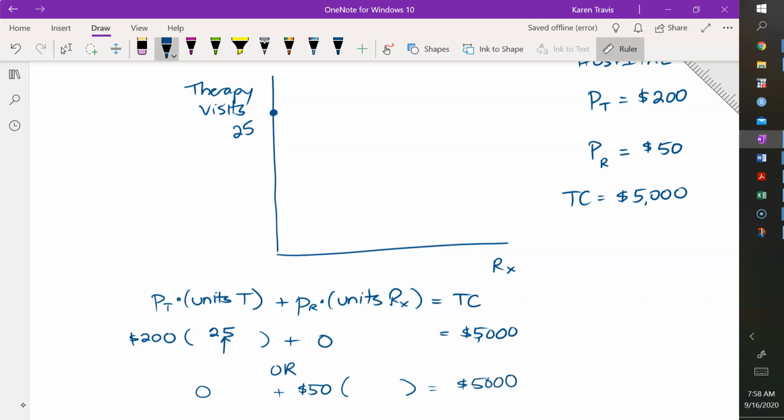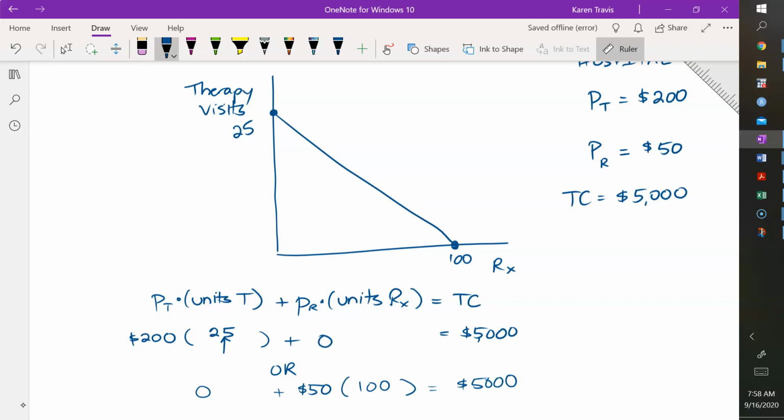So if I do that, I can see that I can purchase 100 units of prescriptions as another endpoint.